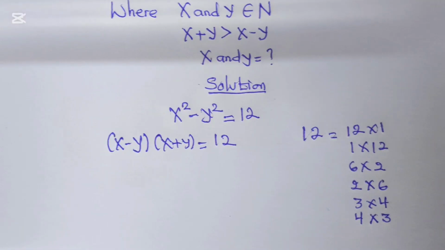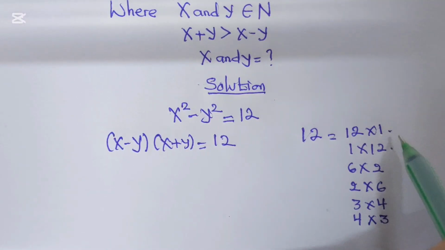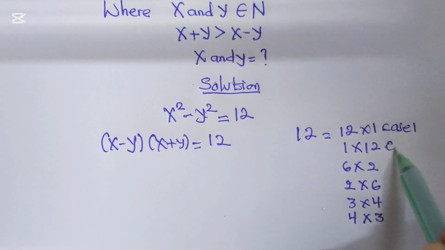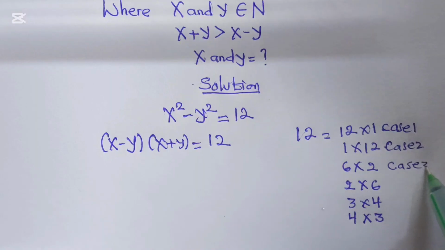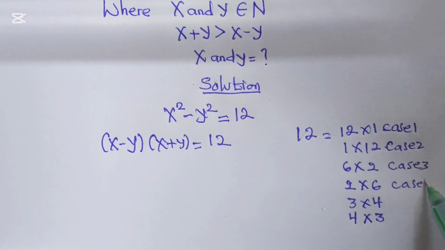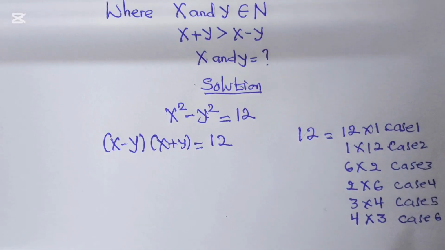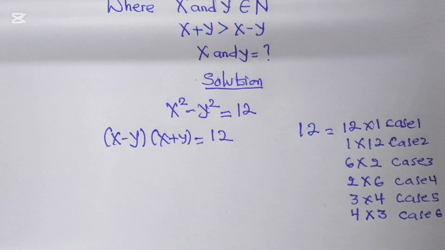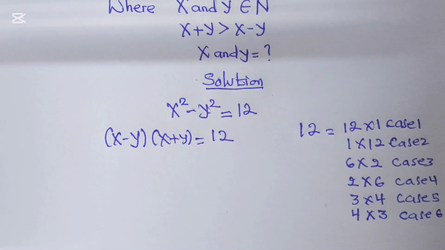So this is case 1, this is case 2, this is case 3, this is case 4, this is case 5, and this is case 6. So we have 6 cases that we are going to use for finding x and y.